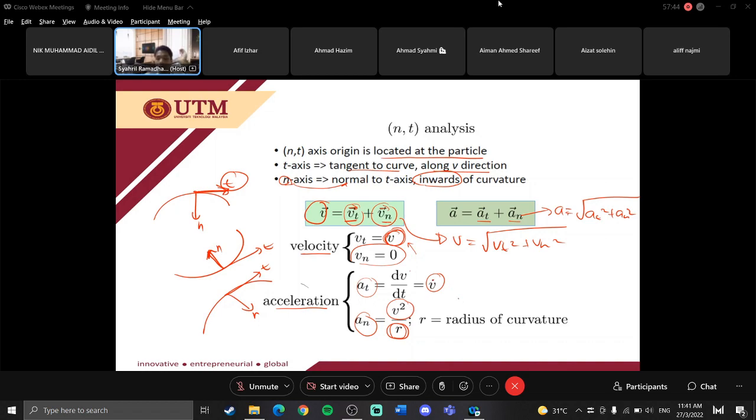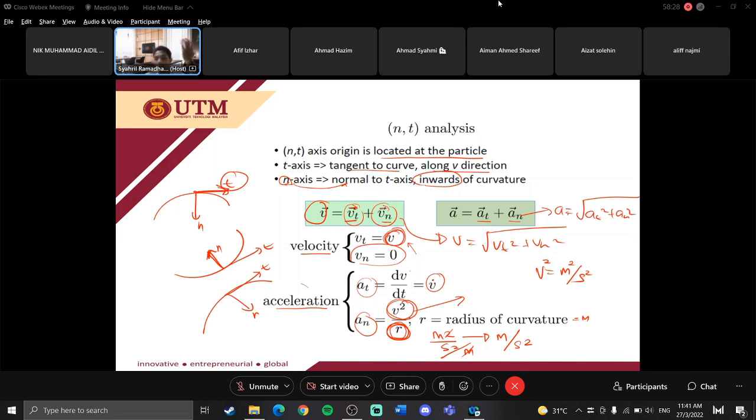Velocity is meter per second, so if velocity is squared, you will have meter squared per second squared. This is over the radius of curvature, which is in meters. So meter squared per second squared per meter, you can cancel out this meter and this square, and you will get meter per second squared, which is the unit of acceleration.